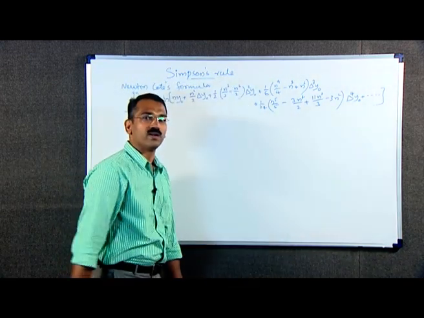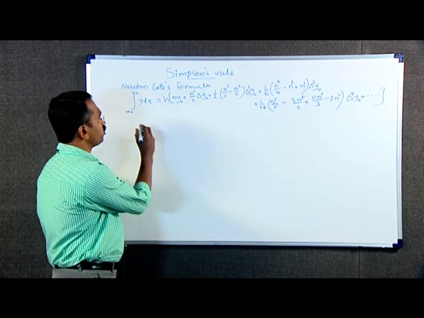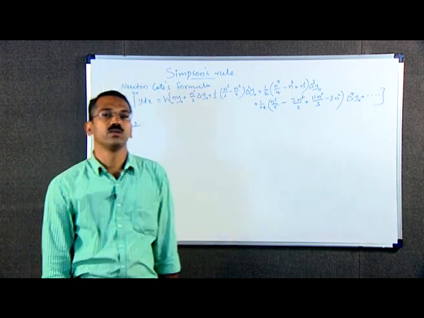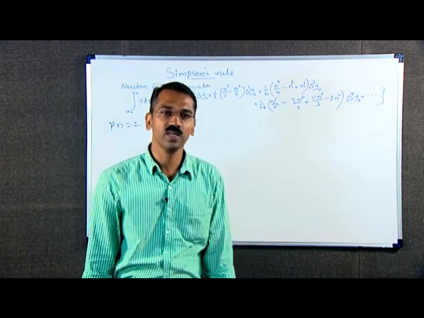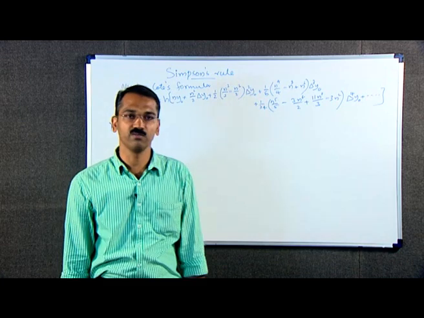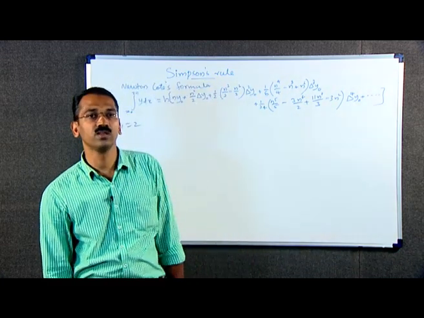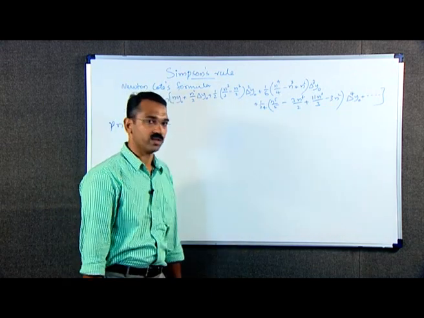In this formula, we put n is equal to 2 and assume that there are only 3 paired values of x and y, or assume that the interpolating polynomial is a second degree polynomial.